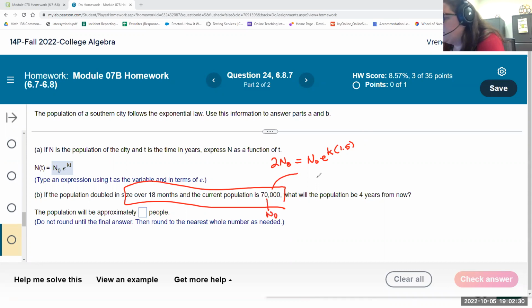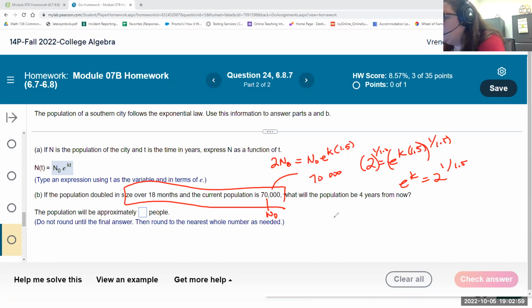So 70,000. Or you could have that be, anyway, it doesn't really matter. 2 equals e to the k to the 1.5 power. I can apply a power of 1 over 1.5 on both sides. And that will give me e to the k equals 2 to the 1 over 1.5.